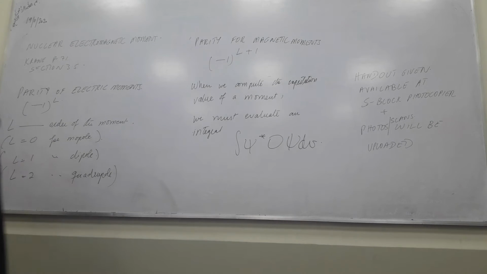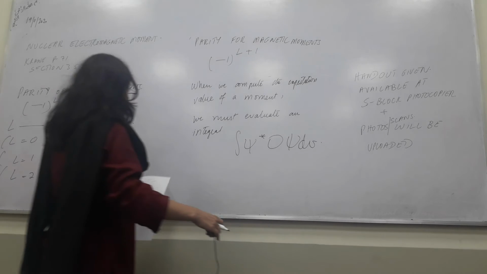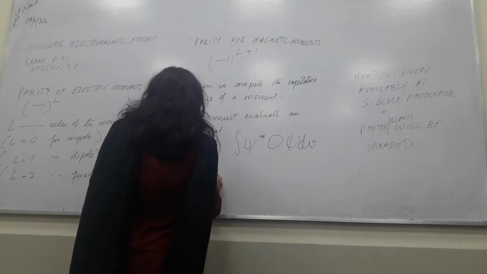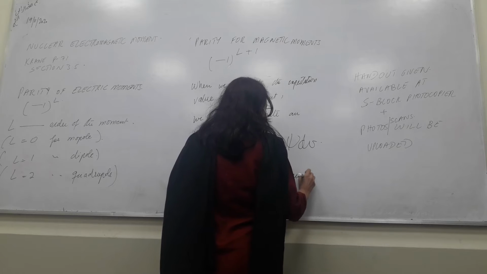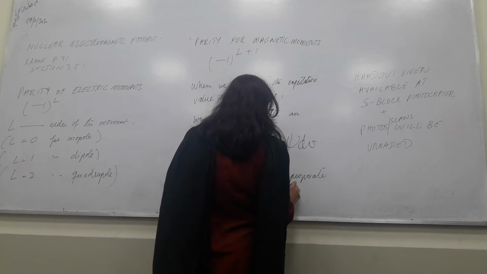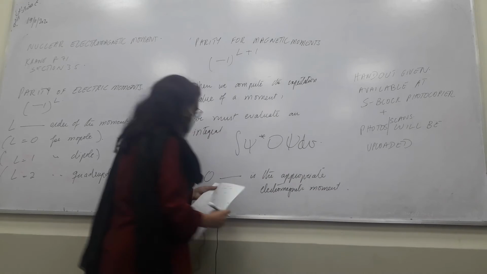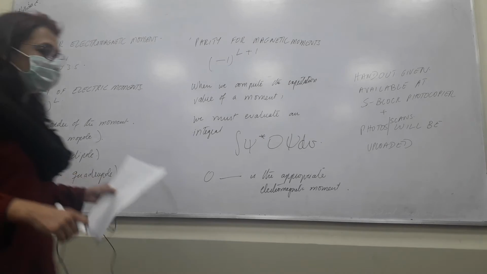So, normally, like we studied before, O will be the operator and psi would be the wave function of the system that we are working with. The system in this case can be the nucleus or it can be a nucleon, whatever, and O is the appropriate electromagnetic moment. So, the parity of psi itself does not matter so much because psi appears twice in this equation.